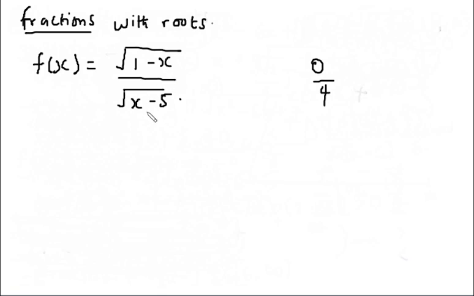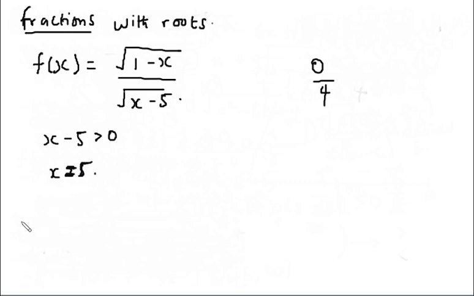Okay. So to solve for our denominator first, we have x minus 5 has to be greater than 0. Then the point of interest here is x equals 5.